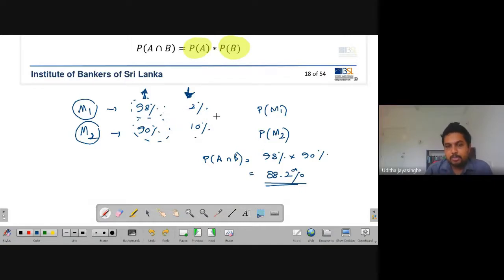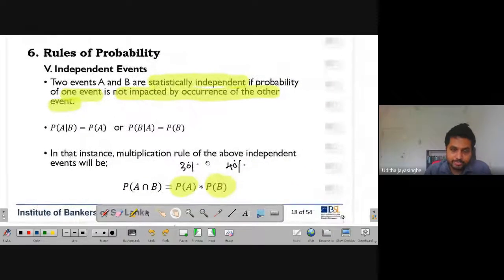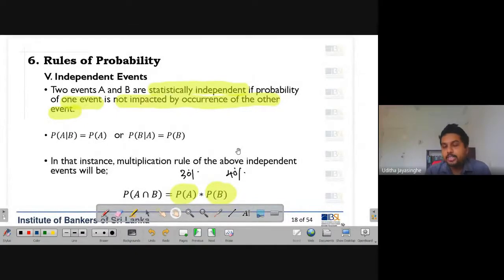So the broad idea of independent events is that we're not defining anything on the areas, not defining anything on commonality. Rather, we are arguing on the fact that events are independent. So one probability has no impact on the second probability.